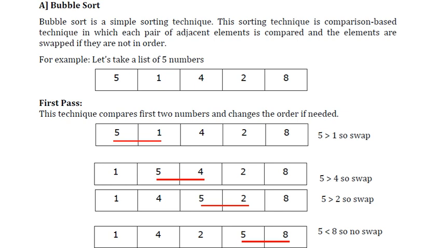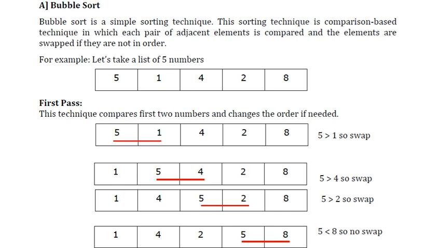Let's take an example. Here you can see a list of 5 numbers: 5, 1, 4, 2, 8. Using bubble sort, we'll see how we can sort the array given to us.